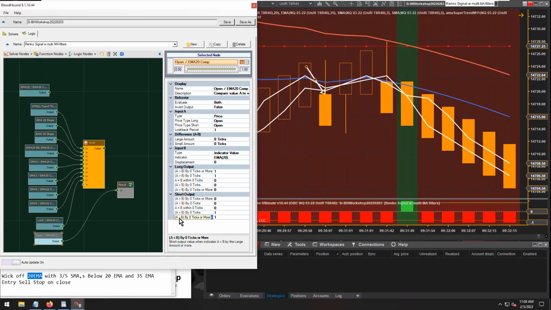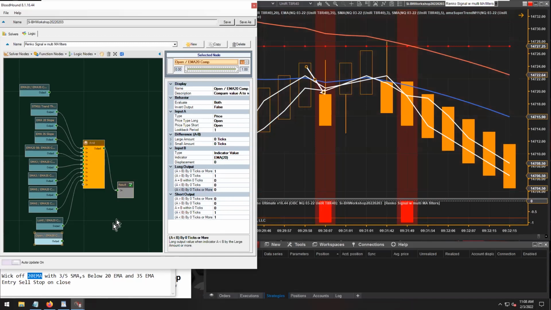In this case, for a short signal, we want the open to be less than the EMA, so we want A less than B, A below B. Here we can see that the open is actually above the EMA, and there's no short output. There's a long output, but there's no short output.